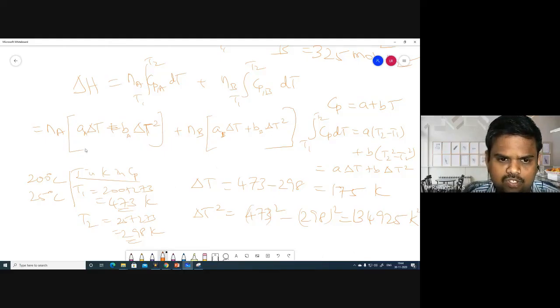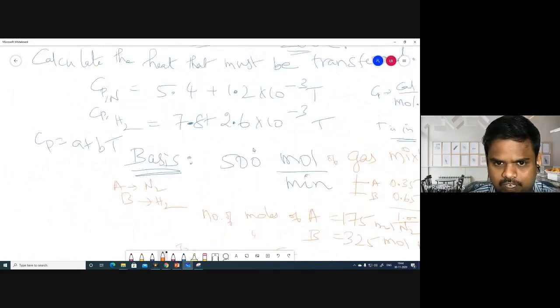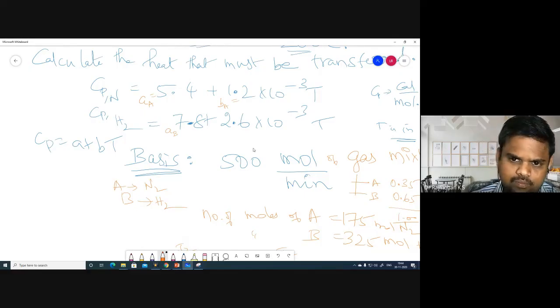Okay, so now we will substitute the A and B values. What are the A and B values? We can write them from the given data. So this is AA, BA, AB, and this is BB, where A and B represent the components nitrogen and hydrogen.